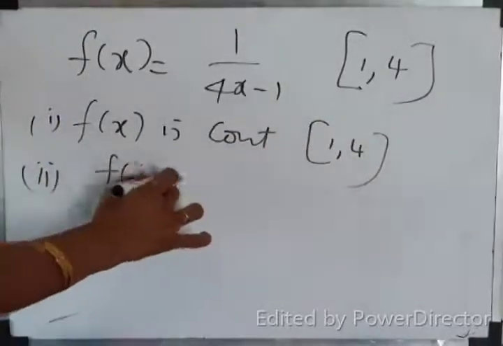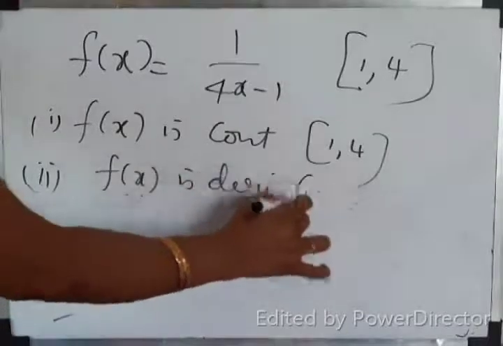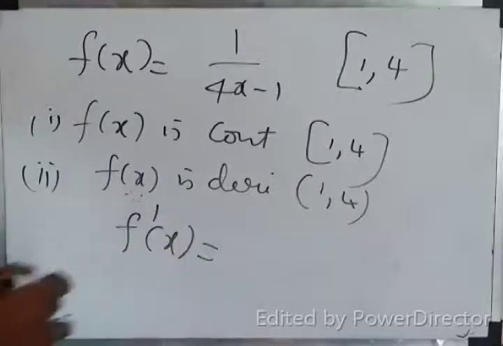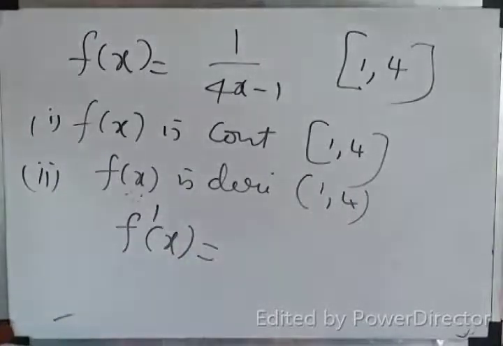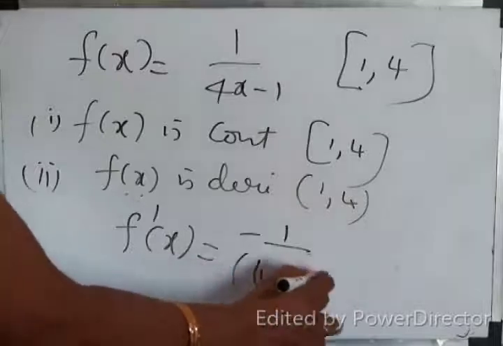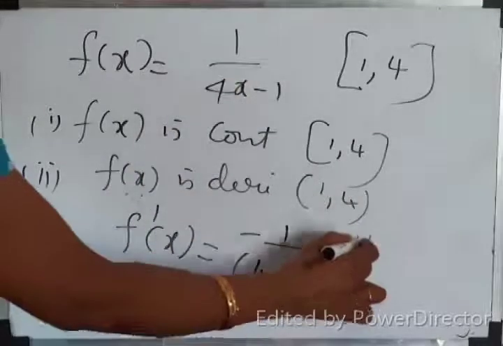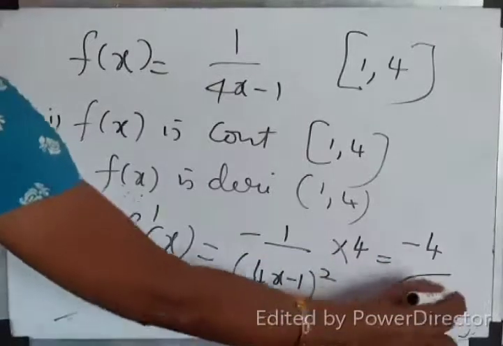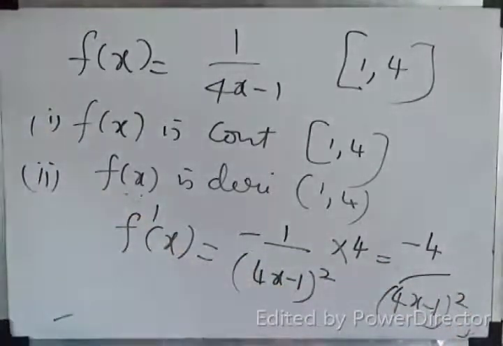F of x is derivable in the open interval. Derive: f dash of x equal to (4x minus 1) to the power minus 1, isn't it? 1 by x minus 1 by x square into, if we differentiate 4x, so the answer is minus 4 by (4x minus 1) the whole square. This is my derivative.